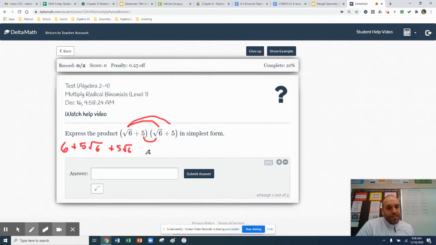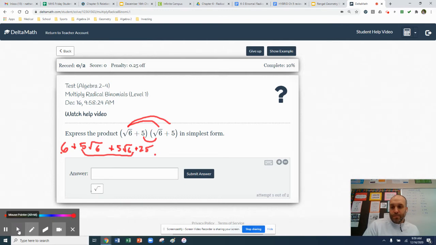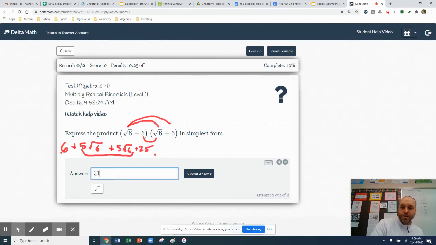I can't multiply the 5 with the root of 6 because they're rational compared to irrational. Can't multiply those together. And then lastly, we're going to have a plus 25. And then I can combine those middle terms. That's going to be 10. And then I can combine the 6 and the 25 to get my answer. And I should get 31 plus 10 roots of 6.